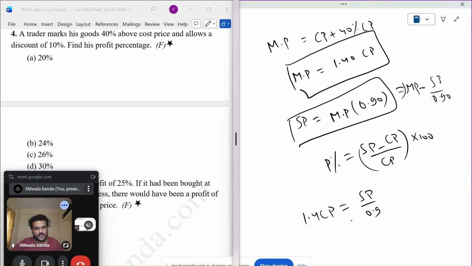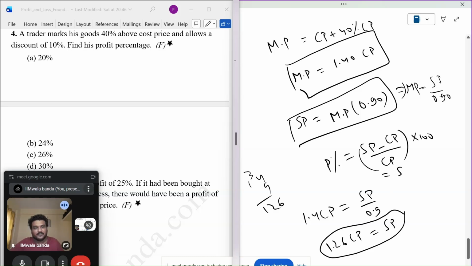Now equate these two. So 14 nines are 126, CP and 2 decimal points is equal to SP. This is my first. And now comes the part where I can directly write it like this also. I can write SP upon CP as 1.26 into 100. This also you could have skipped and directly written 0.26. When you saw 1.26 and you saw minus 1, you could have directly written 0.26.